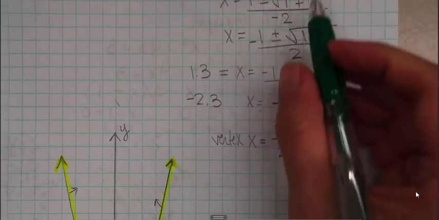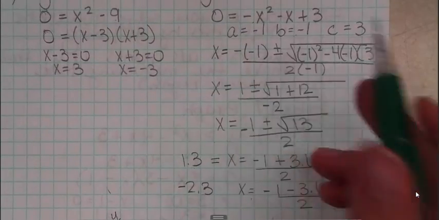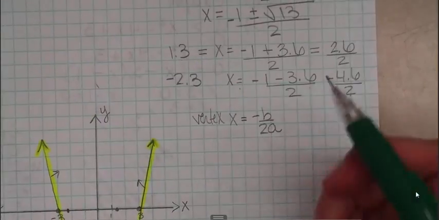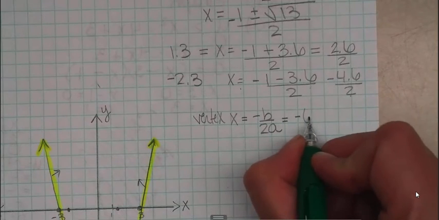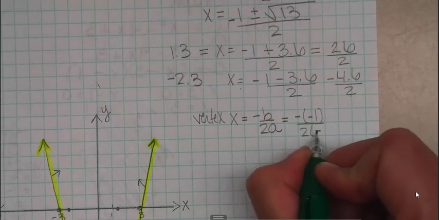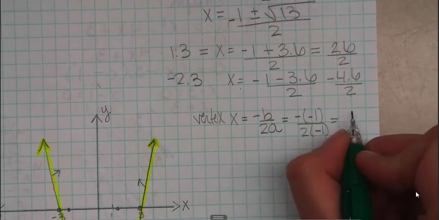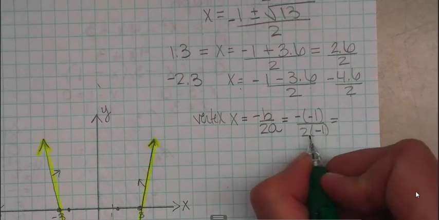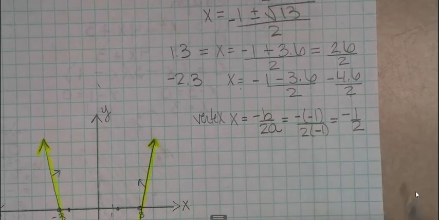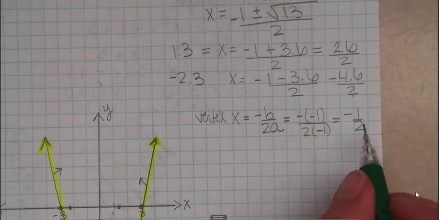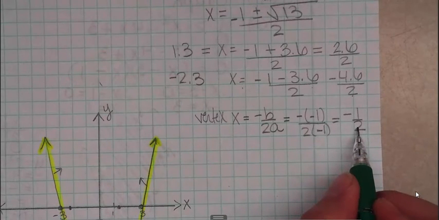And you already have that information up here. So -b would be -1 over 2 times -1, which will be positive, no, it's going to be -1/2. Okay, so at -1/2, that's the x value.